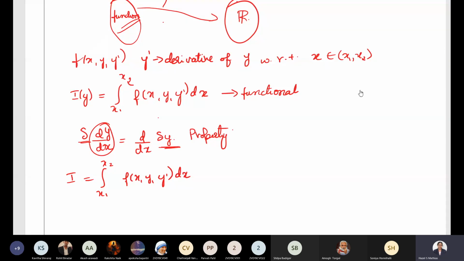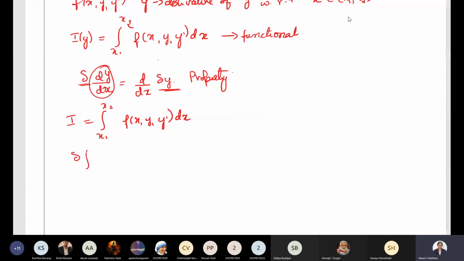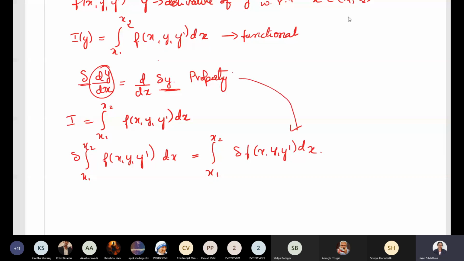The small variation in the functional, which is the integral from x1 to x2 of f of x comma y dash dx, is nothing but the integral from x1 to x2 of a small variation in f of x comma y dash dx. By applying this property, the slight variation in this functional can be given by the slight variation in the function.